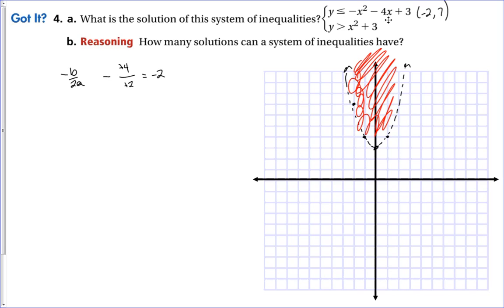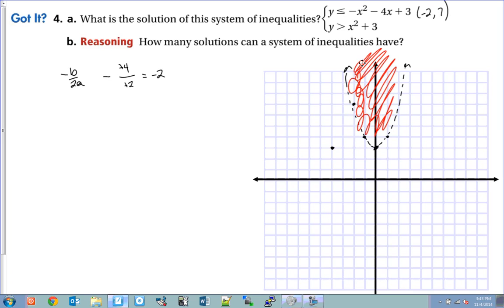And then our y-intercept for this one is 3. So 1, 2, 3. And of course that mirrors over our axis of symmetry. And since this one has a greater than or equal bar, it's going to be solid.